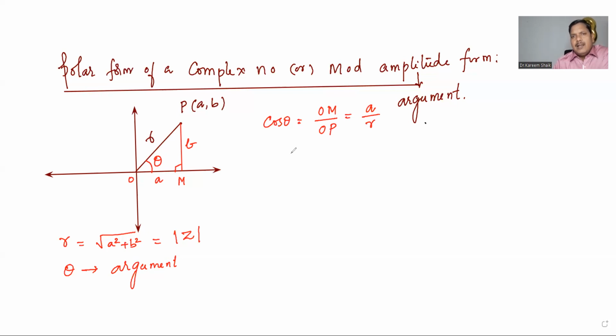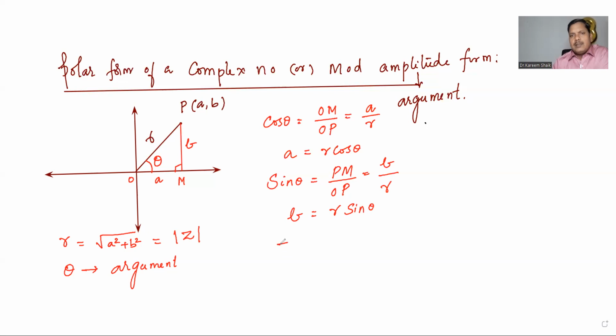So can I say that a equals r cos theta? Similarly, sin theta equals the opposite side, that means PM upon OP. What is the PM value here? b upon r. So can I say that b equals r sin theta?